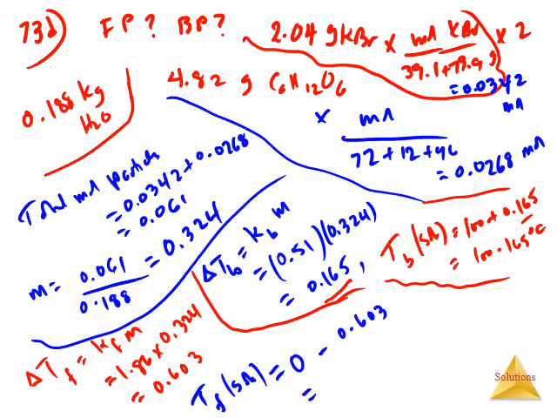That means when you add those solutes, the new freezing point is going to be minus 0.603 degrees centigrade, and the boiling temperature would be 100.165 degrees centigrade.